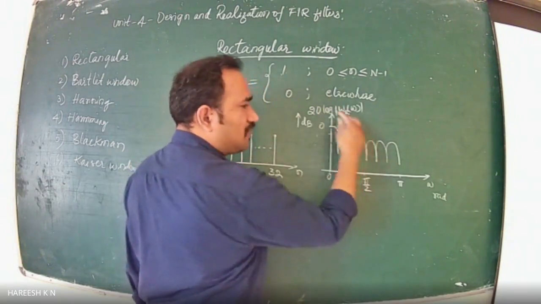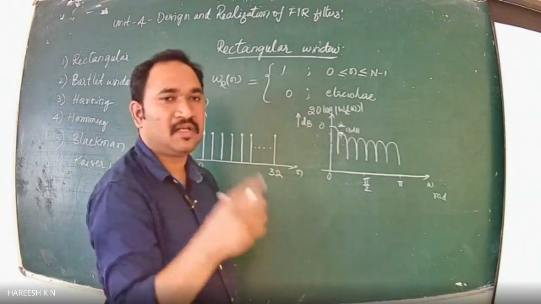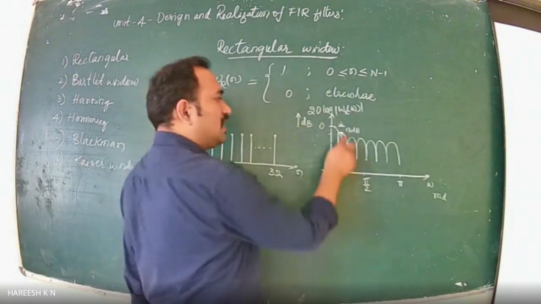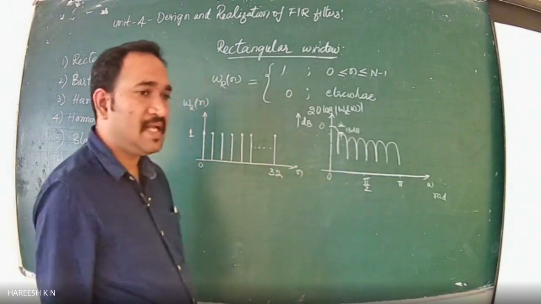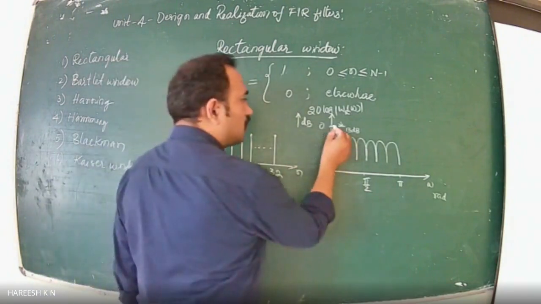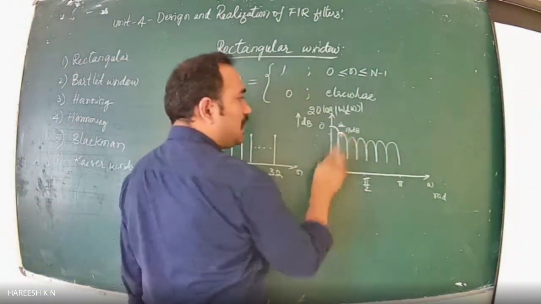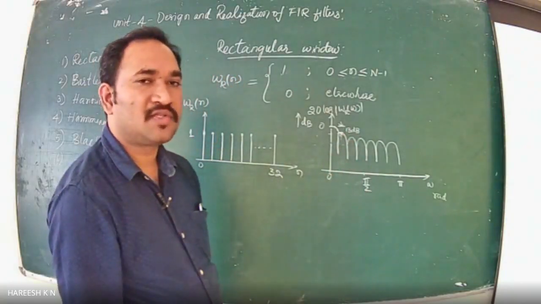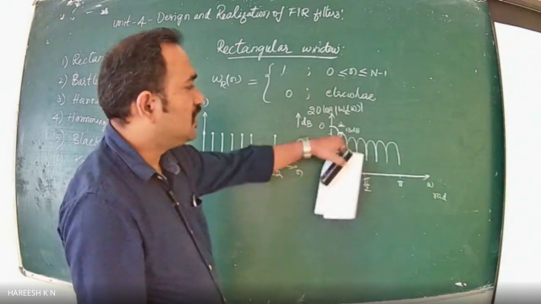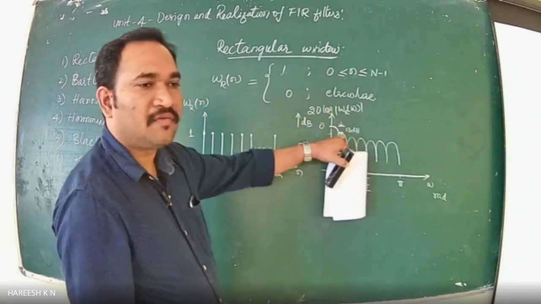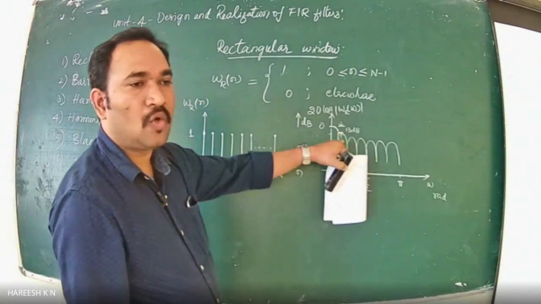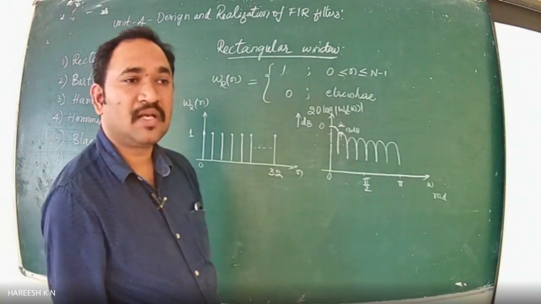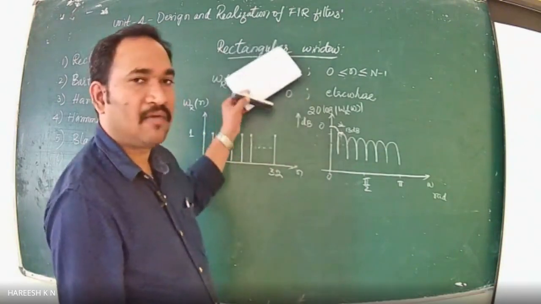Therefore, the difference from 0 to minus 13 is 13 dB, right? If you see such a magnitude frequency response of a window, with the gap from the main lobe to the first side lobe being 13 dB, which window should we consider it to be? It is the rectangular window, right?